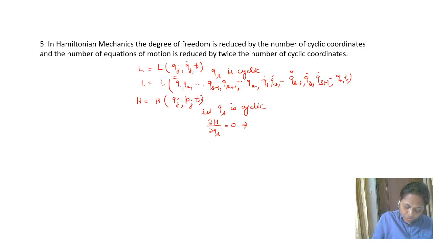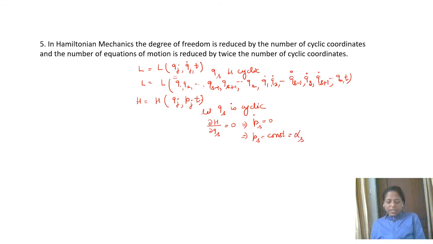Delta H, delta qs was minus ps dot. So this implies ps dot is 0. That is, ps is equal to constant. Let it be alpha s.